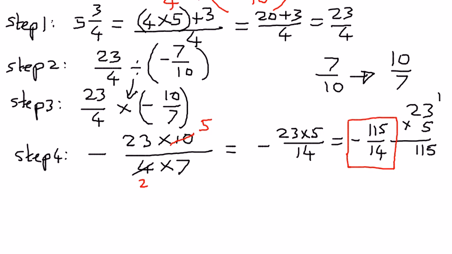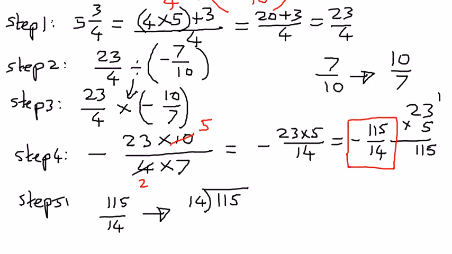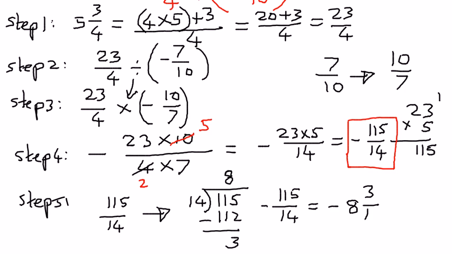So as one more step, what I'm going to do here is simplify this. 115 divided by 14, 14 times 8 is going to be equal to 112, and when we subtract 112 from 115, we are left with the value 3, and therefore 115 divided by 14 which is with a negative sign can be expressed as negative 8 3 over 14, like that.